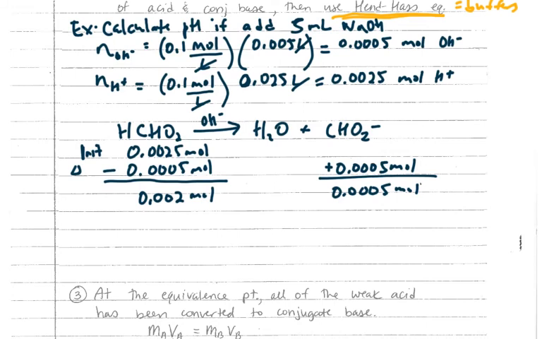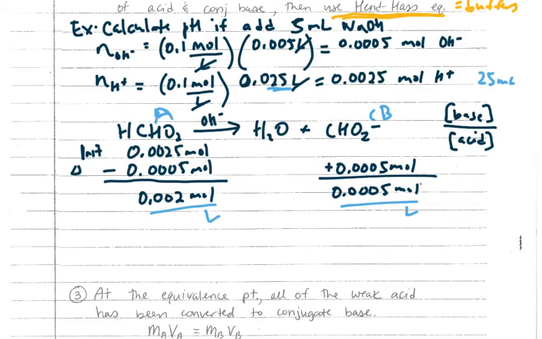So for the Henderson-Hasselbalch equation, we need to know the ratio of the concentration of the base over the concentration of the acid. This being the conjugate base, and this being our weak acid. But to convert these into concentrations, we need to divide by the volume in liters. The total volume: we had 25 milliliters of the acid, and we added 5 milliliters of base.